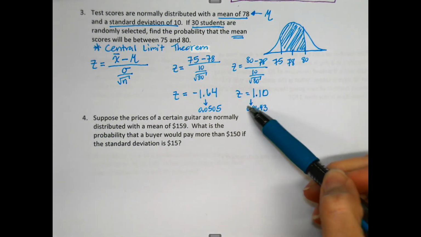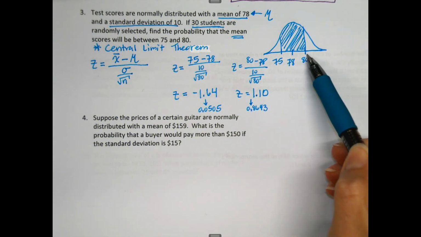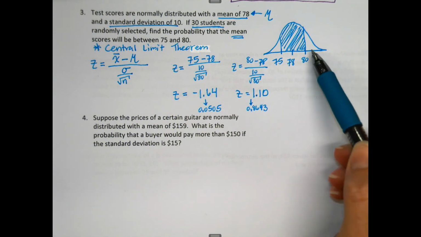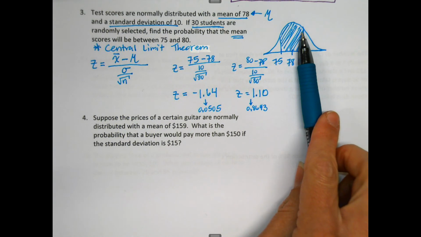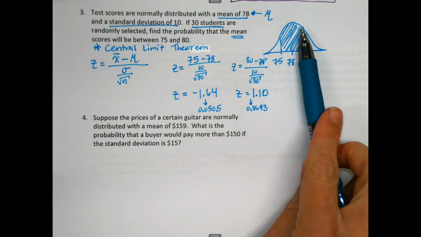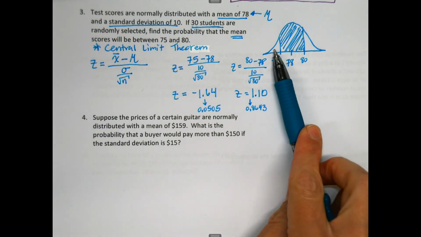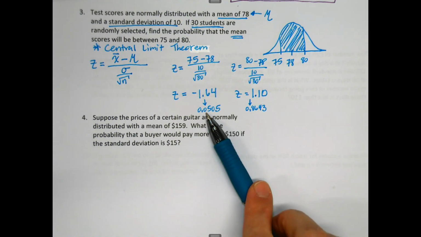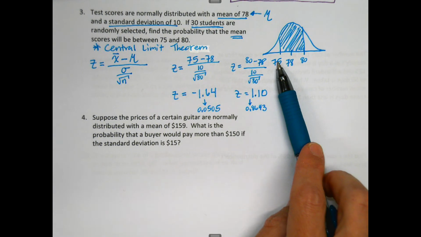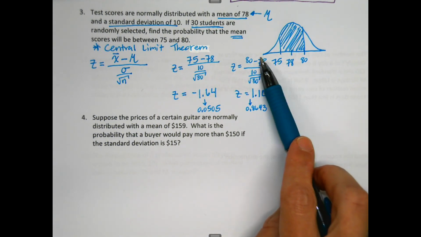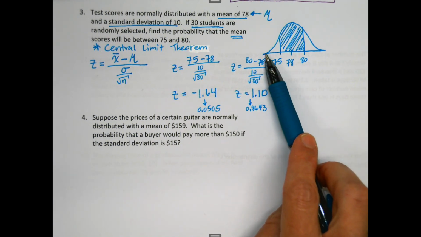And now the probability for a score of 80 is everything to the left. So it includes our shaded area and this little unshaded area. The probability for negative 1.64, or for 75, is everything to the left of 75, which includes this unshaded area.